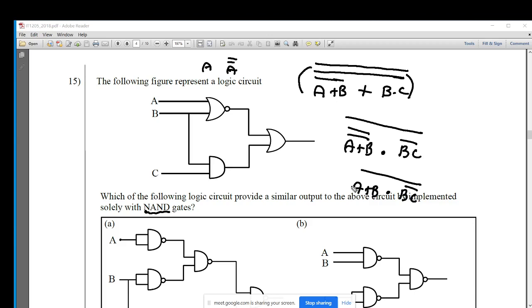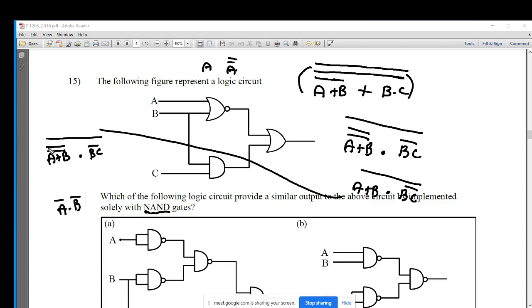Can we do something for that as well? Shall we write this as a plus b bar bar, and let's see if it is possible. Otherwise we have to do something else. So I'm going to write a plus b as bar bar, dot bc bar, and the big bar is there. If I write this, then I can apply the De Morgan law, that is a bar dot b bar, and the upper bar must be there, dot bc bar, then we have the bar.